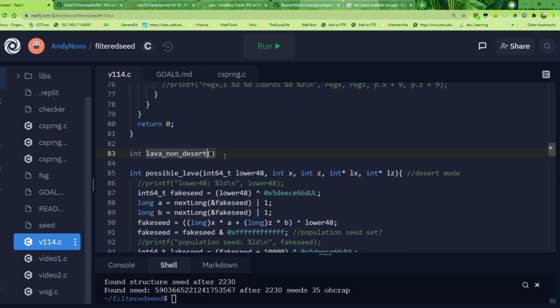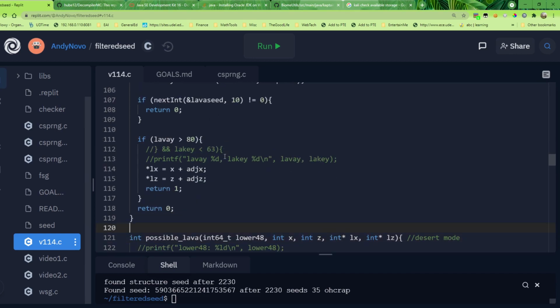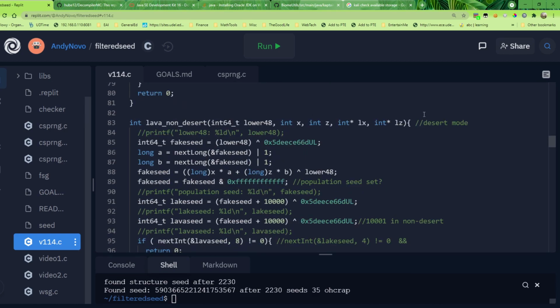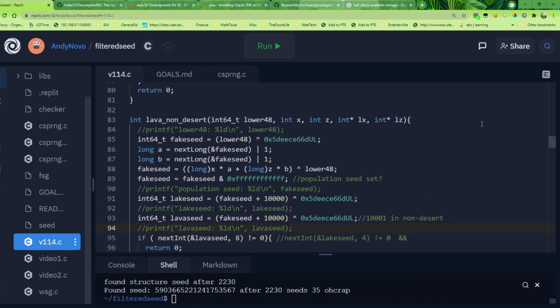The non-lava one's going to be harder to make work. Nah, I have faith. All right, so here we go. Non-lava. We're no longer desert mode. Fake seed, lake seed. All right, so this will now be 10,001.